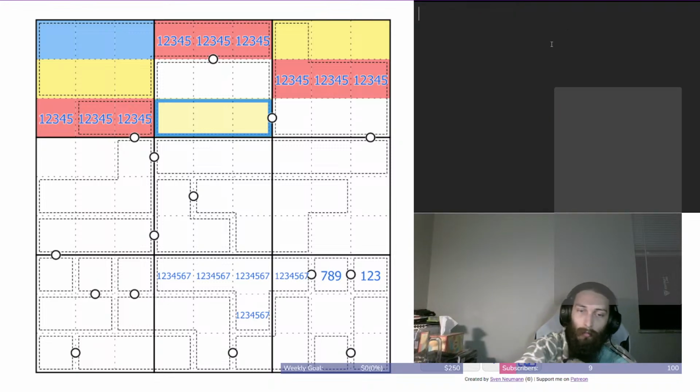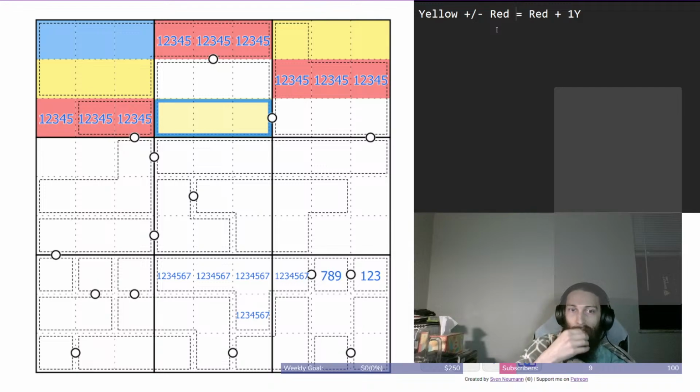So Sudoku notepad time. We've got yellow is equal to red plus y1. And now this is plus or minus red. Is that correct? Right, yeah, plus red is equal to yellow.